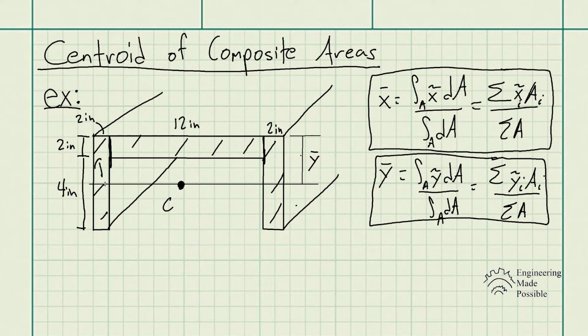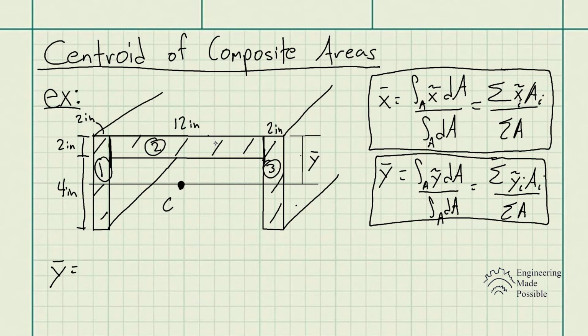This rectangle will be rectangle number 1, this would be number 2, this would be number 3. Since the reference point of y bar is with respect to the top portion of this body, this is where we're going to base all of our calculations.